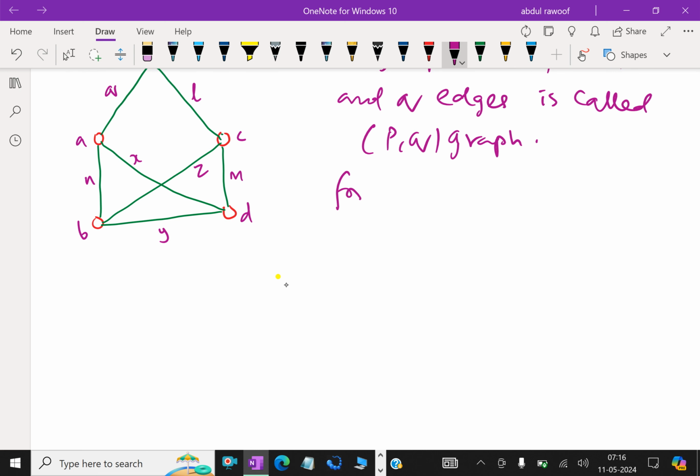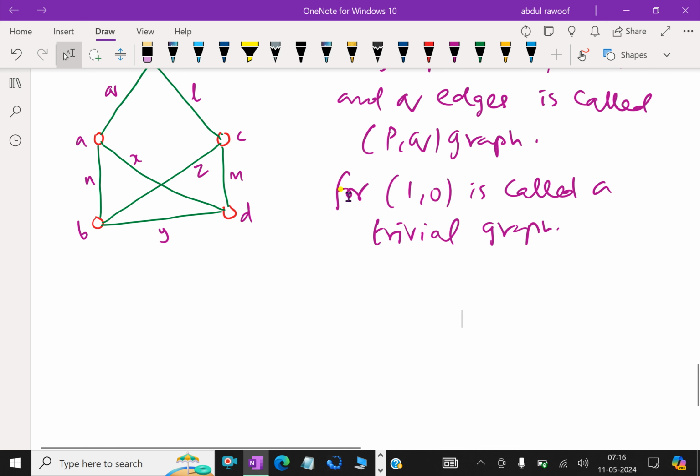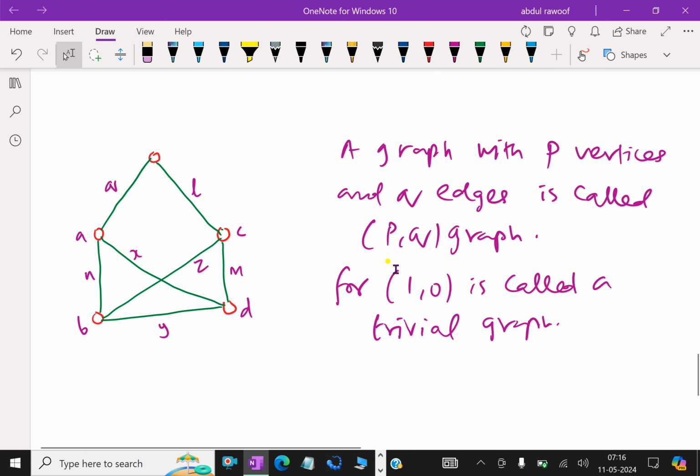For example, if it is 1, 0, the graph is called a trivial graph, because it has one vertex but zero edges. That means the point is not connected. It is called a trivial graph.